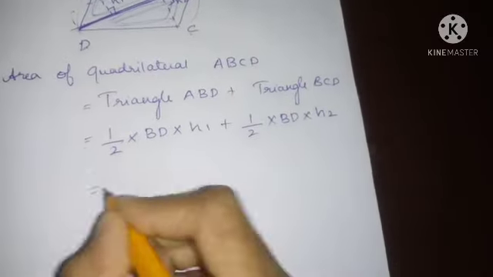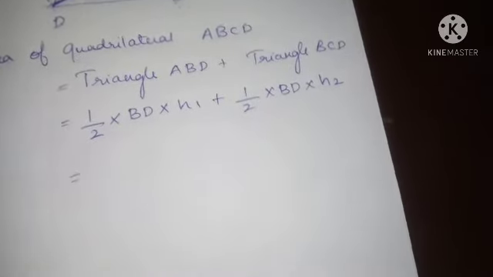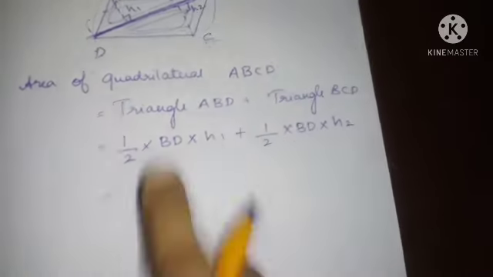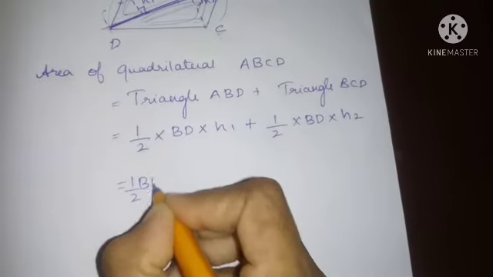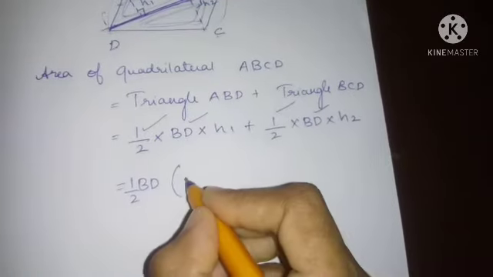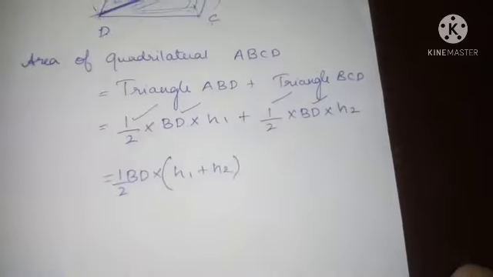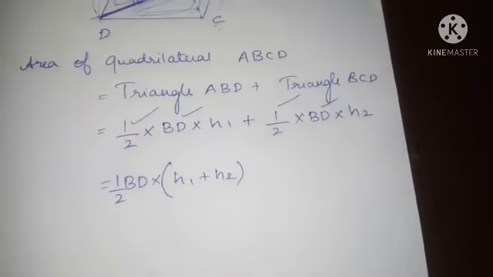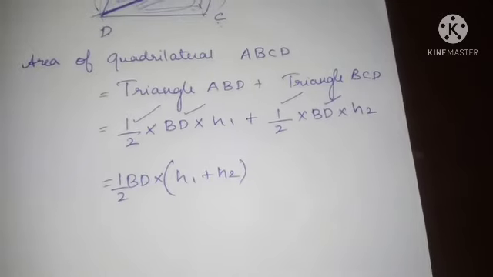BD is common. In your textbook, AC will be common, because I have named it differently. That is the only difference. Half and BD are common. So what is outside now? Half into BD into H1 plus H2.